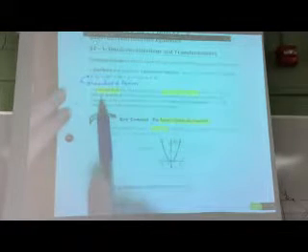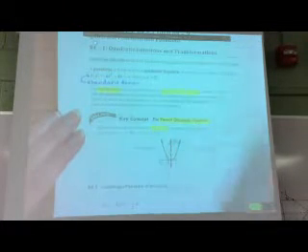Okay. Some of the features of the graph. The axis of symmetry, just like we had for the absolute value functions, we have an axis of symmetry. All right, so in your graph, and you can barely see it here, but it's this dashed line right here.